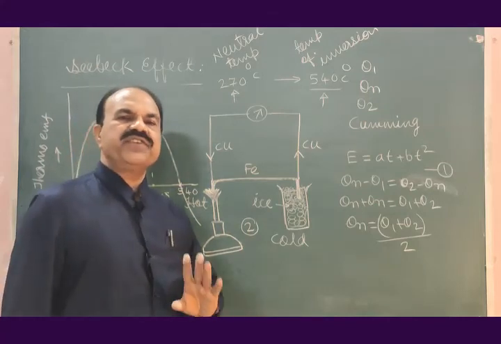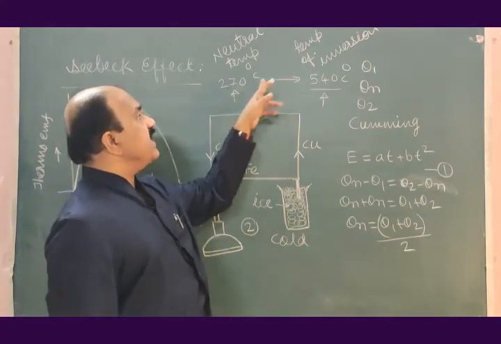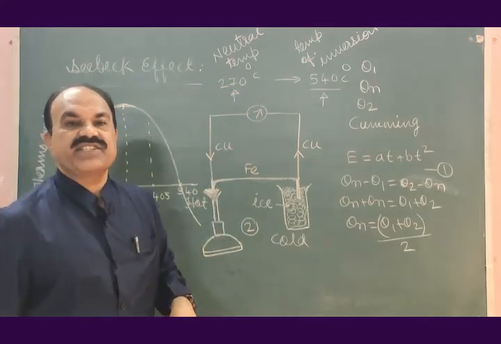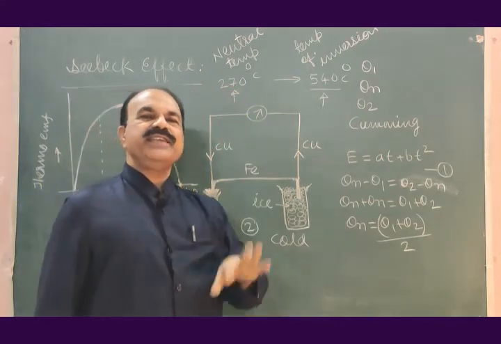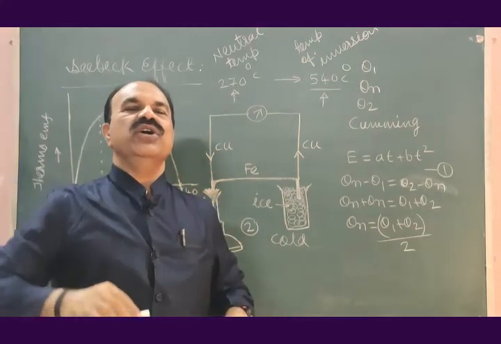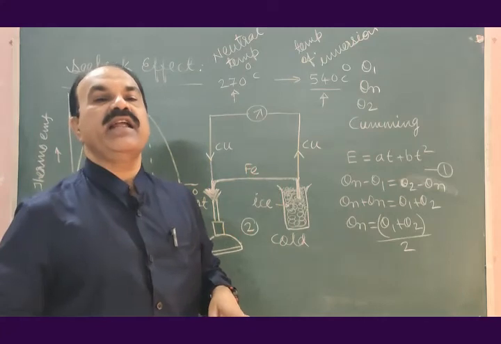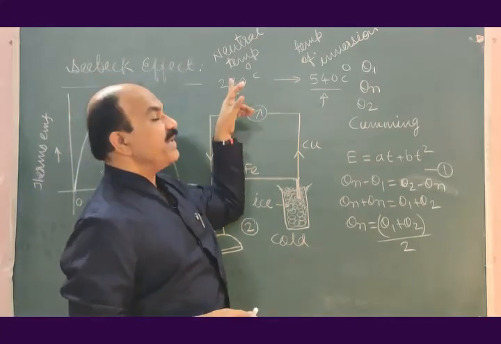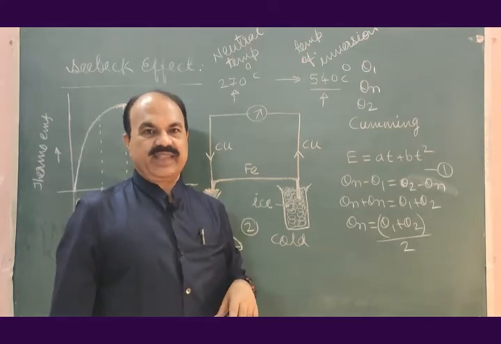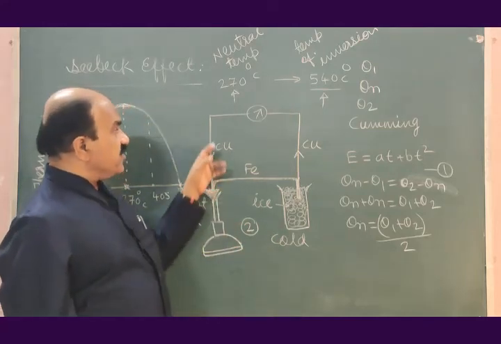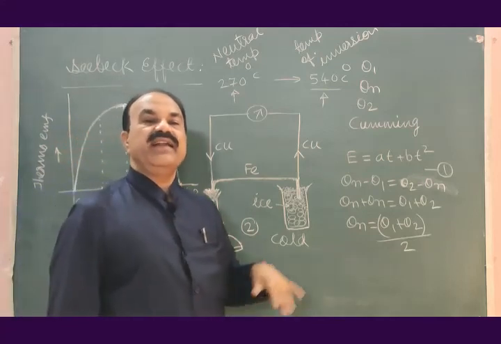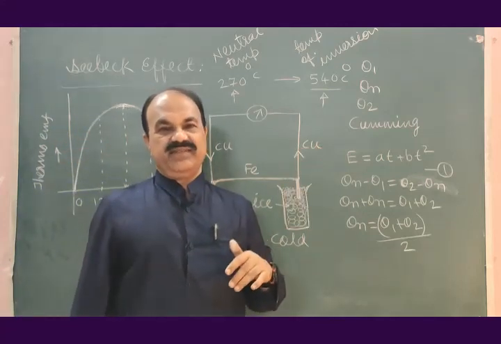The potential difference will become maximum at a temperature of 270 degrees Celsius, and therefore the current flowing is maximum. Electrons flowing from one metal to the other will be maximum in number when the temperature is 270 degrees Celsius. If we heat this junction beyond 270 degrees Celsius, we find that the current is decreasing.